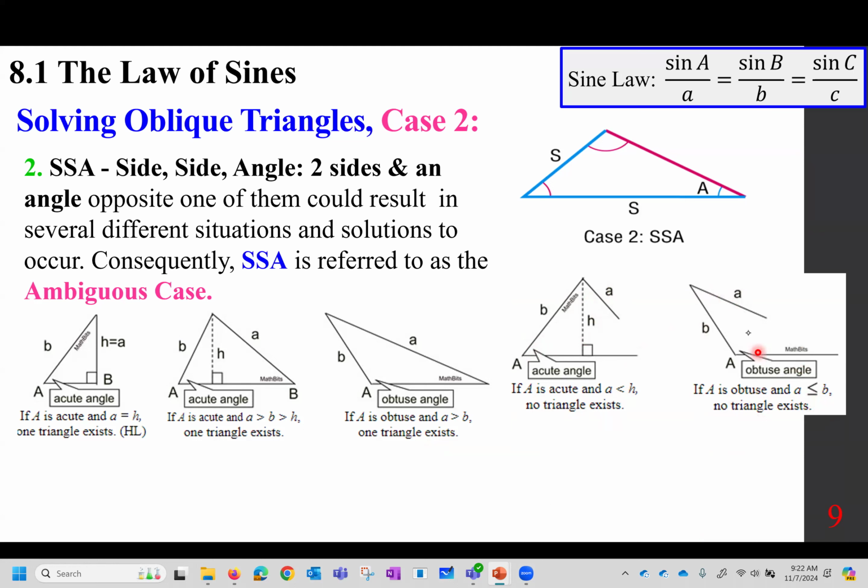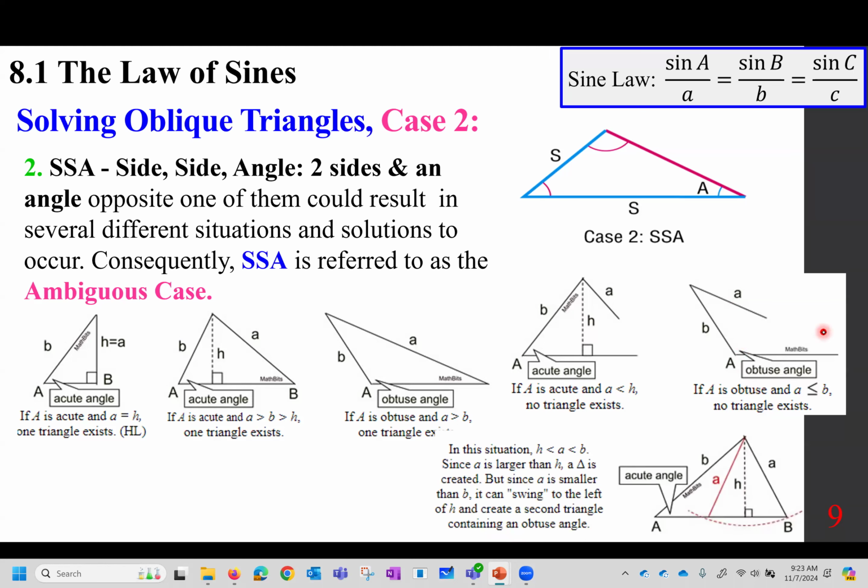The reason is very simple. The larger the angle, the larger the side opposite that. So if there is an obtuse angle, this must be the largest angle, and this must be the largest side. In this situation, h is, on the one hand, less than a, and a, on the other hand, is less than b.